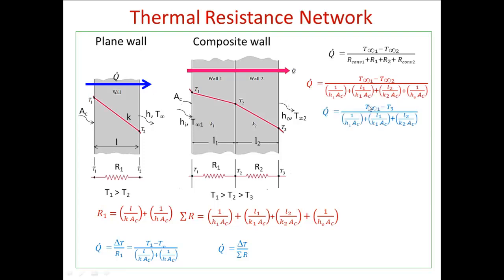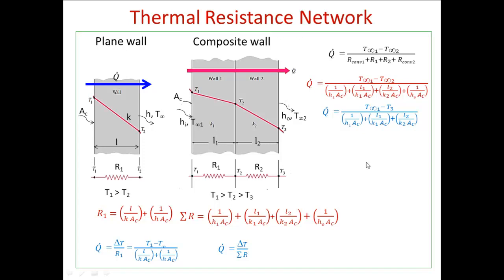I know temperature T infinity 1, and I want to determine this unknown surface temperature. Between T infinity 1 and T3, what resistances are involved? They are the inner convective resistance, the conductive resistance of material 1, and the conductive resistance of material 2. By equating this, we can determine the value of T3, because the value of Q we have already determined.